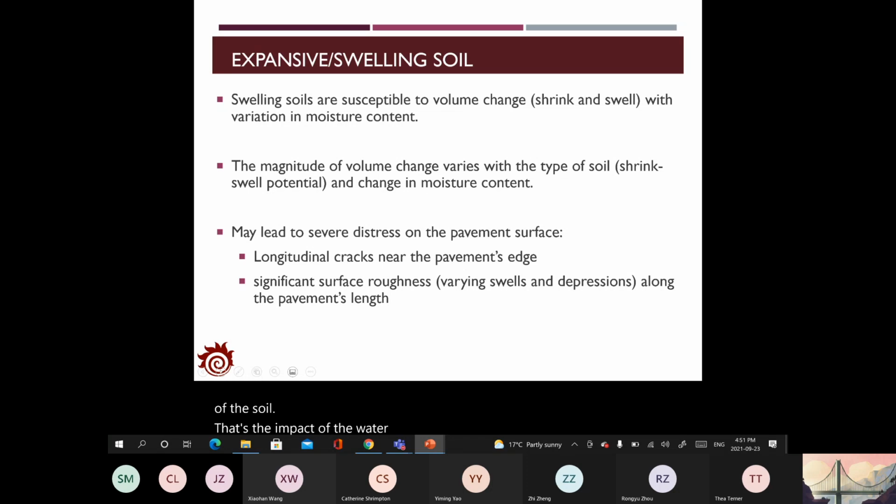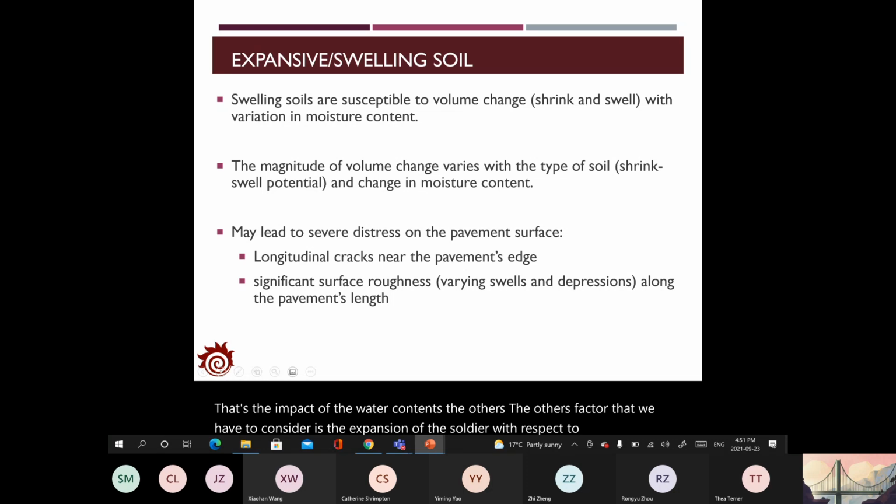The other factor that we have to consider is the expansion of the soil with respect to the water content, and usually this is called expansive or swelling soil.